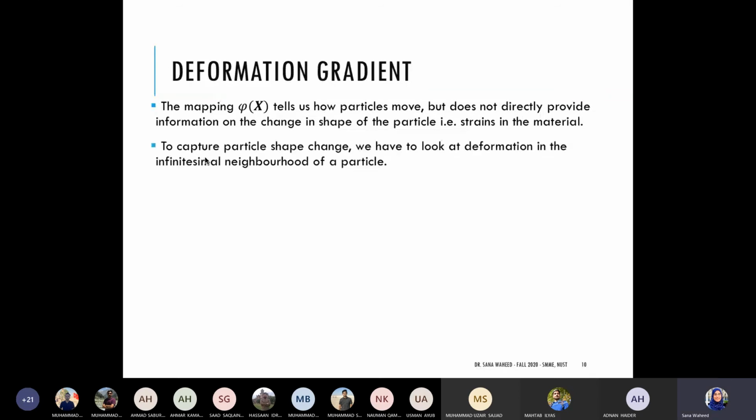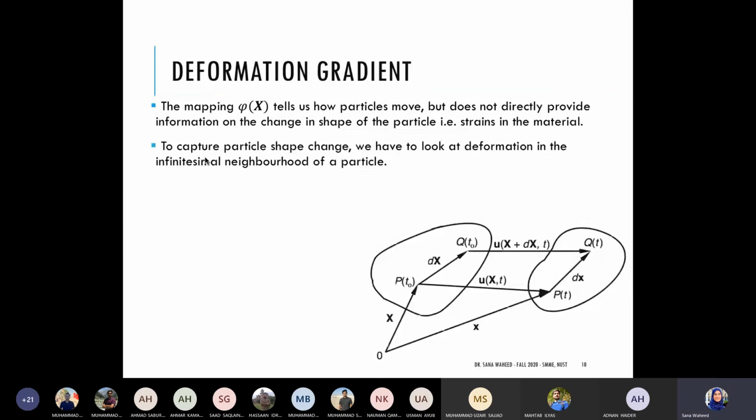Okay, right. So what I want to do now is to emphasize that we've considered that when we have a reference configuration and a current configuration, then we can see how a particle has moved from a reference position to a current configuration, either by looking at the mapping phi, or even by looking at the displacement that it has had.